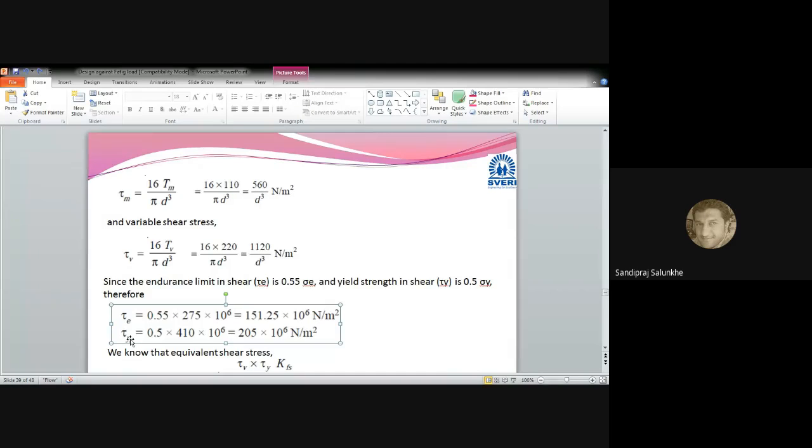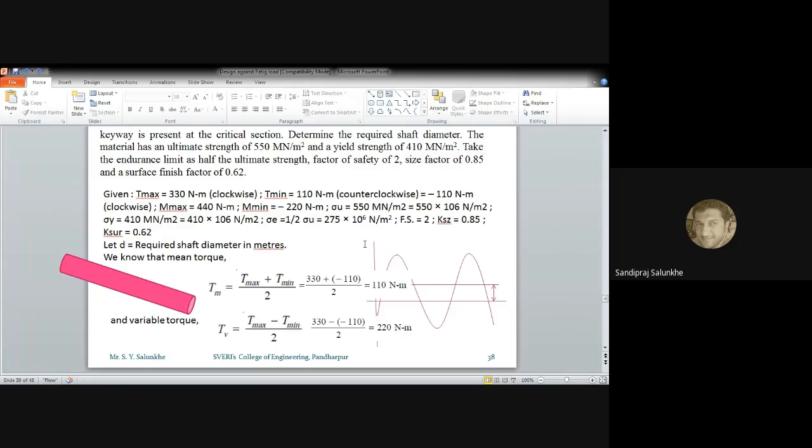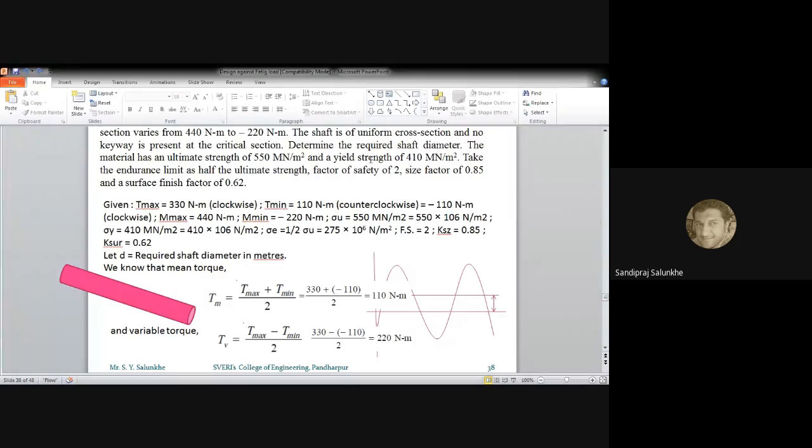Okay. So here the endurance shear stress is 0.55 of the principal endurance limit. The principal endurance limit is given in the problem: take the endurance limit as half of the ultimate strength, and the ultimate strength is given as 550 meganewton per meter square.